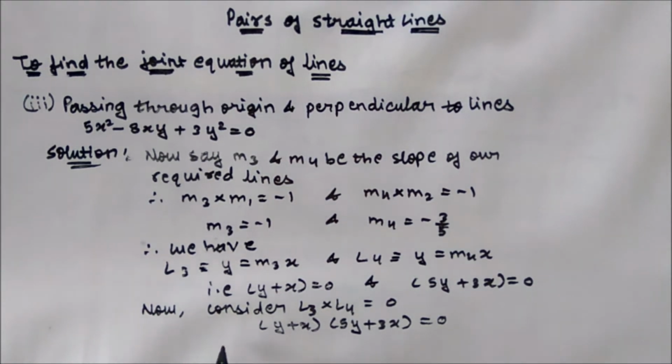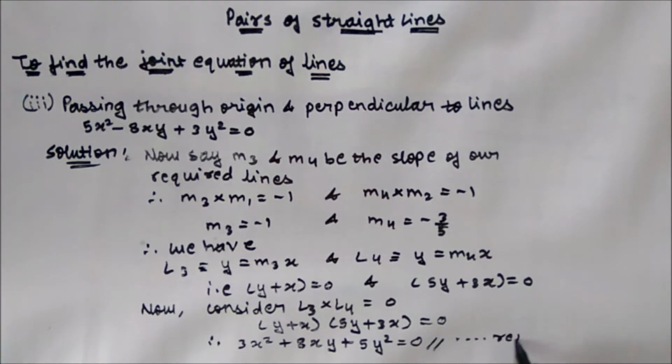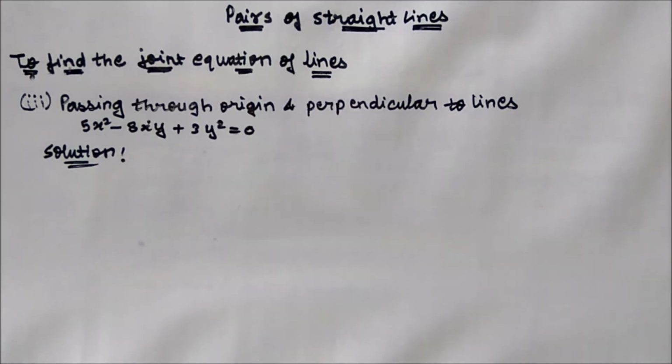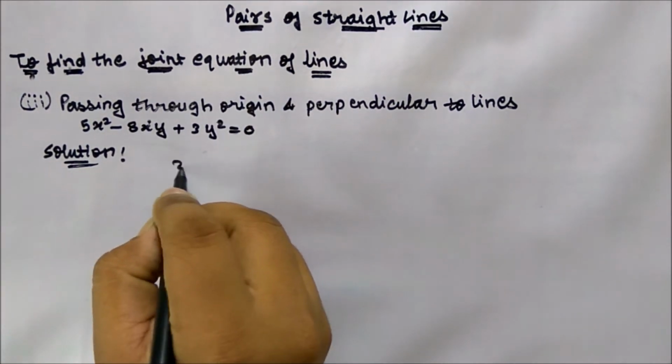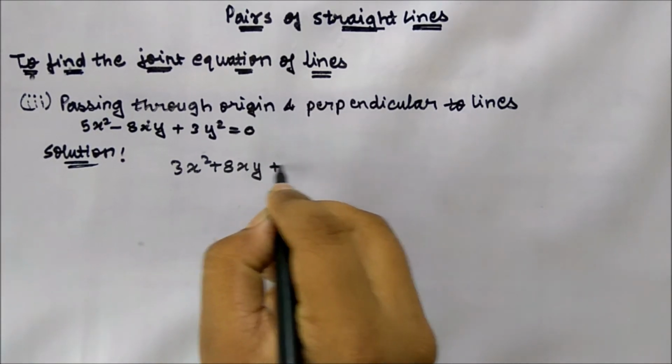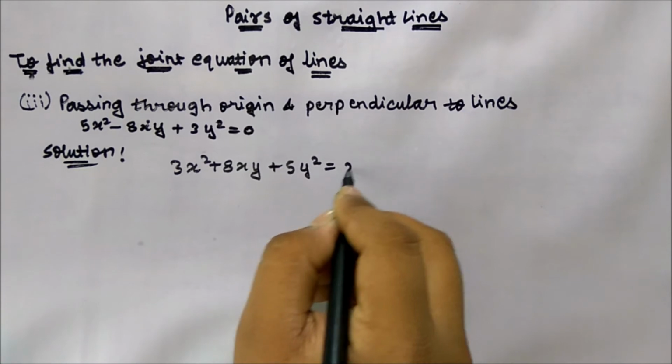On solving this, we get 3x square plus 8xy plus 5y square equal to 0. This is our required equation. Now we got our required equation as 3x square plus 8xy plus 5y square equal to 0.